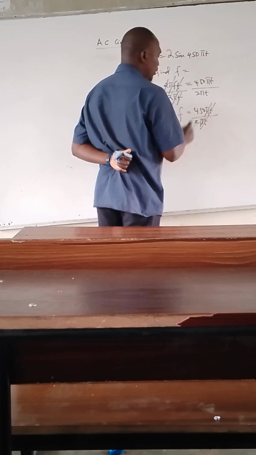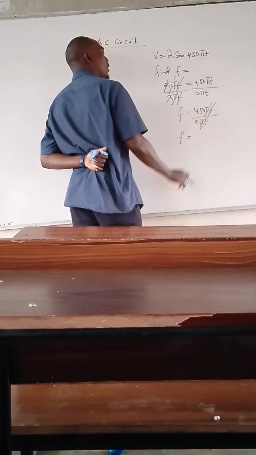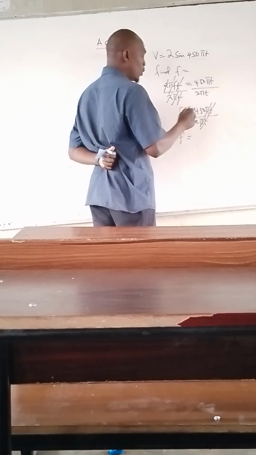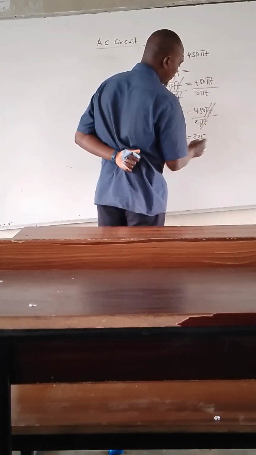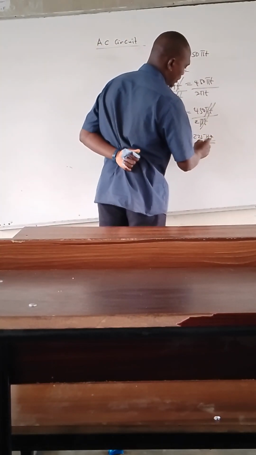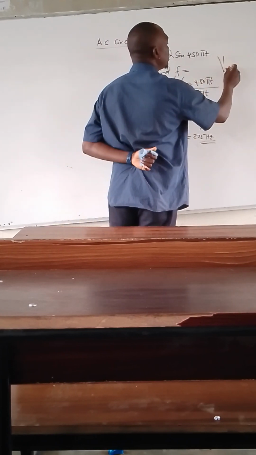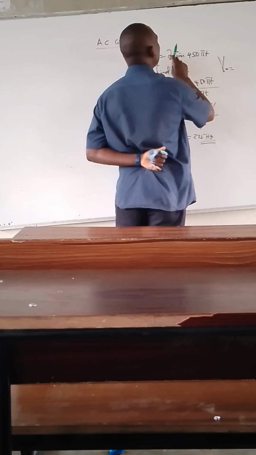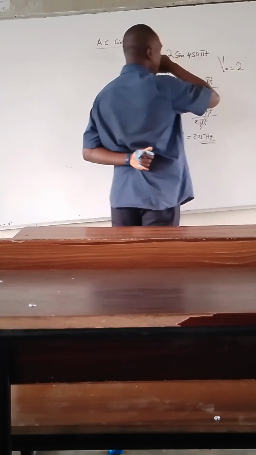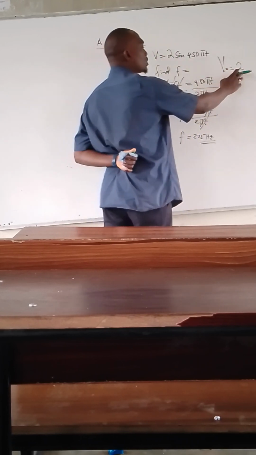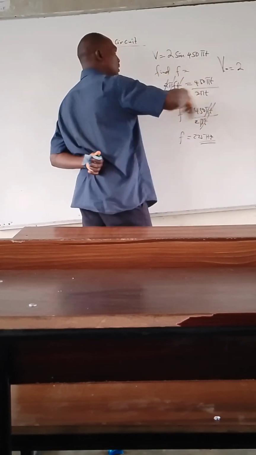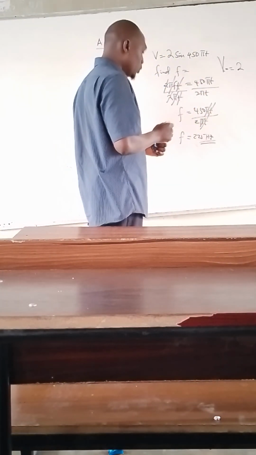F equals 450 over 2, which is 225 hertz. And remember our peak voltage will be equal to 2. That's all about that.